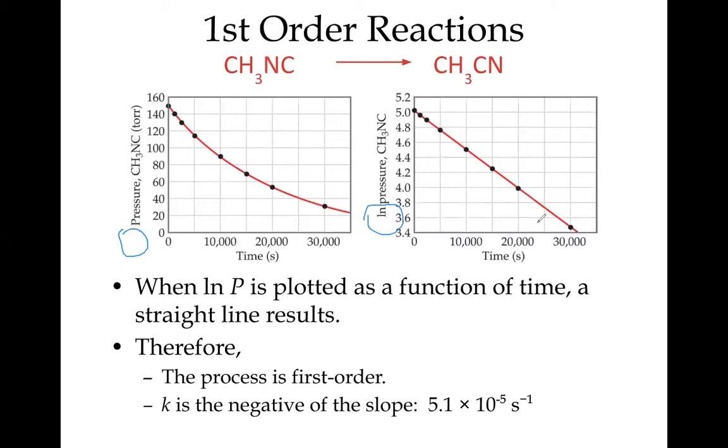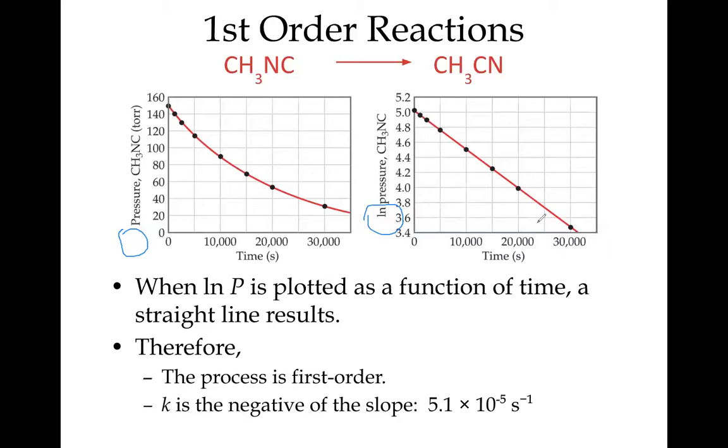Because it's that straight line, we know that the process is first order and that k is equal to the negative slope. So if the slope is 5.1 times 10 to the negative fifth, then k is going to be negative.